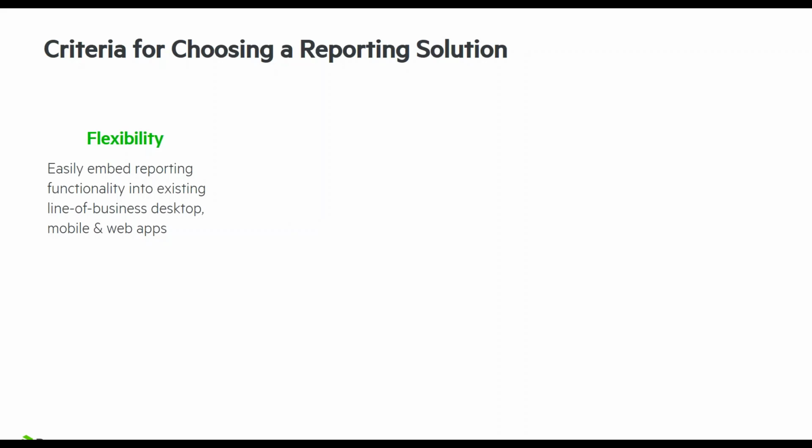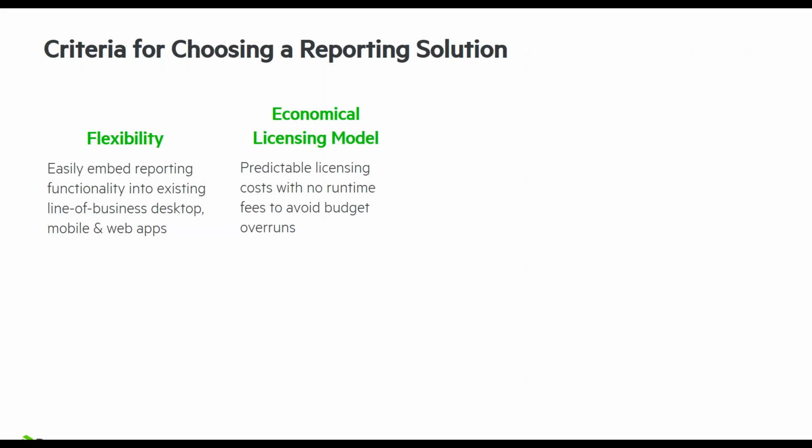So one of them really is flexibility, right? You have existing applications, perhaps .NET web applications, desktop applications. You simply want to quickly and easily embed reporting capabilities inside of this application. But you want to know what the cost is going to be for that. So you want an economical licensing model.